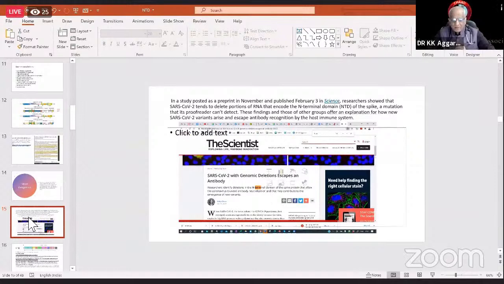This is a study posted as a preprint in November and published February 3, where scientists showed that COVID-2 tends to delete portions of the RNA that encode the NTD of the spike, which its proofreaders cannot detect.